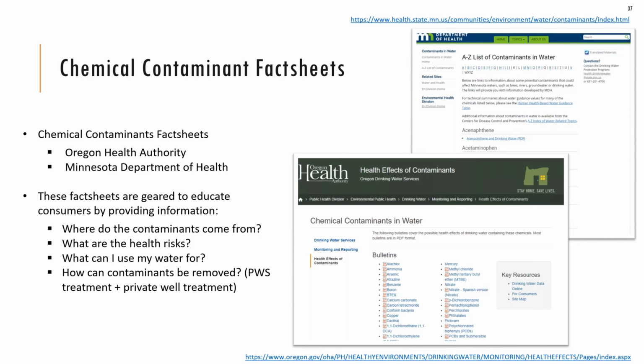So many households might think if they just boil the water, their contaminants will go away, but for some contaminants, boiling your water can make the situation even worse. So all that information is listed on these fact sheets.